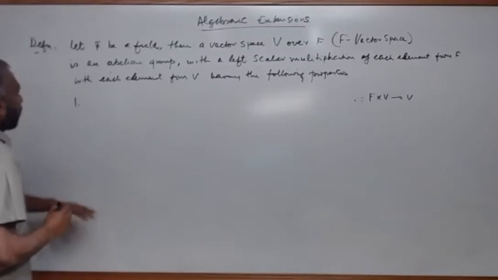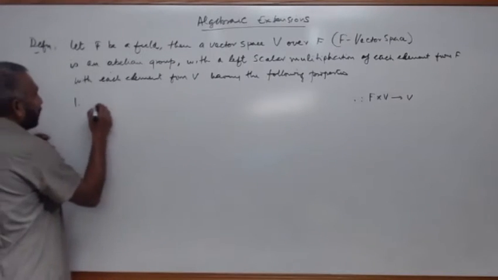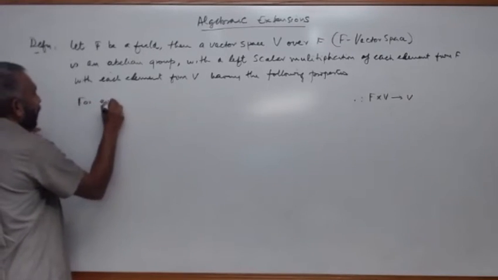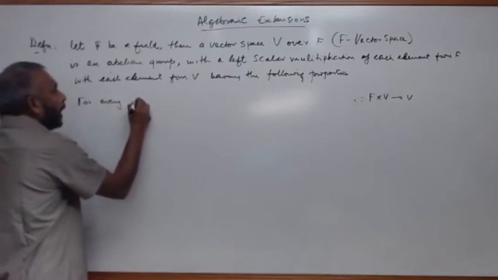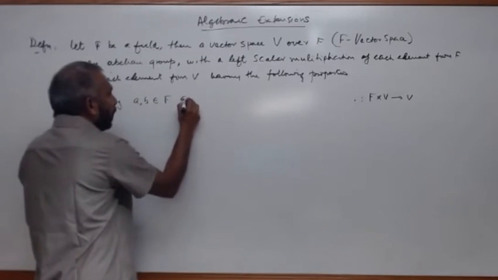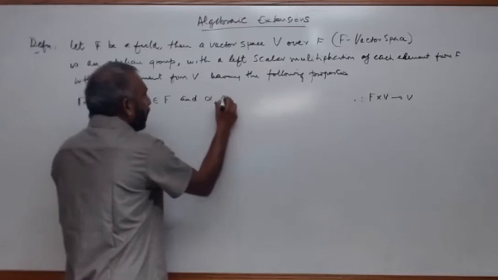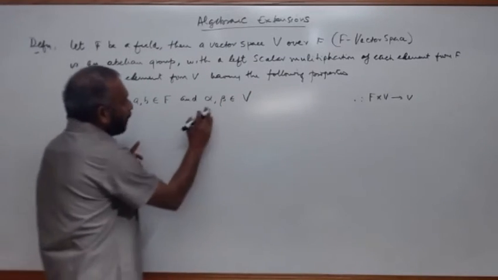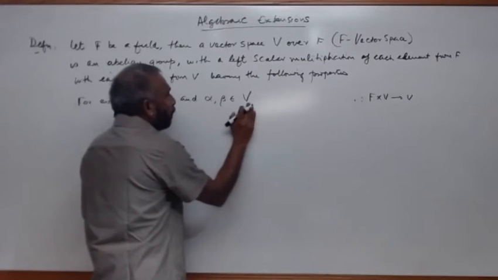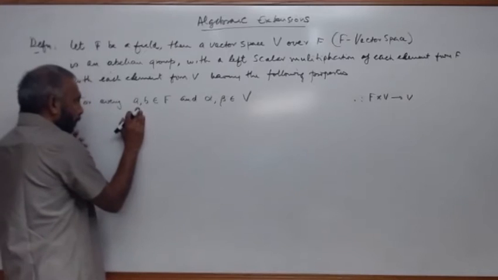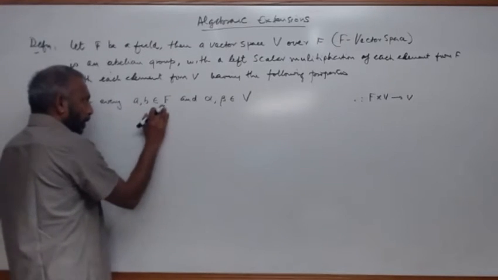For every a, b in F and alpha, beta in V, the elements of V are called vectors, and the elements from F are called scalars.